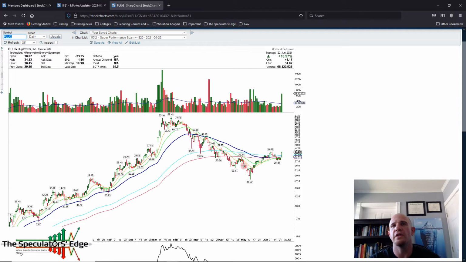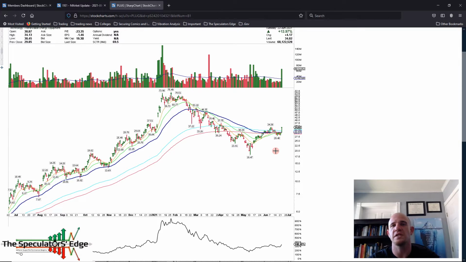It surpassed that 200-day, and we still have a lot of volume coming in, and good demand. We have a decrease in volume right here, and we're busting out above, well, close to that $34.38. I wouldn't be surprised if it gets past it tomorrow, so pay attention to that.